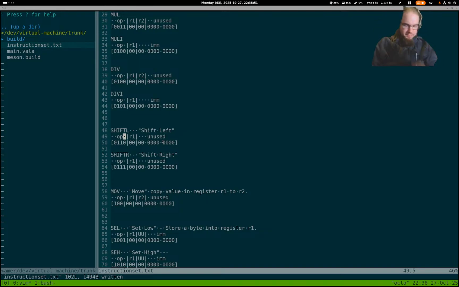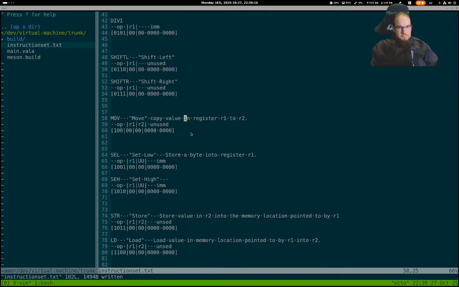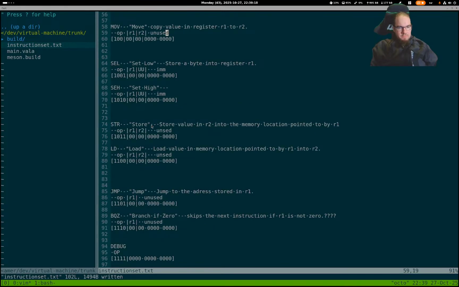Shift left, shift right. Shifts are so useful, so I really like to have them. And I would like to move instruction 2. But I don't have any place for any of this.